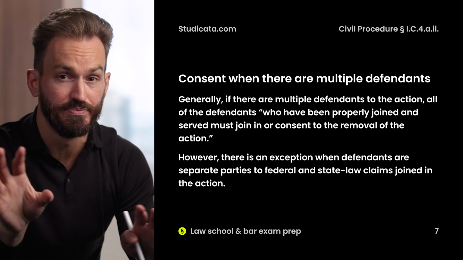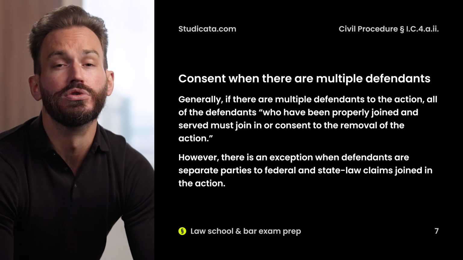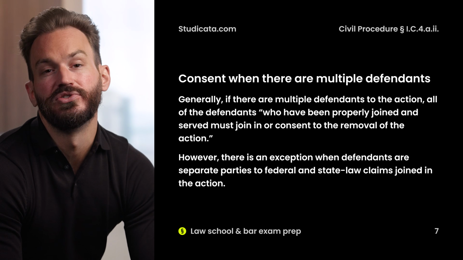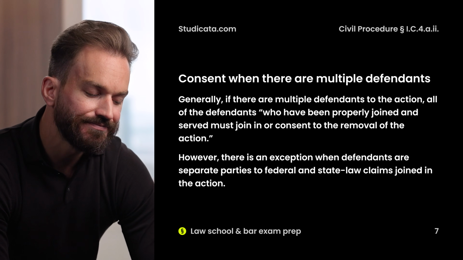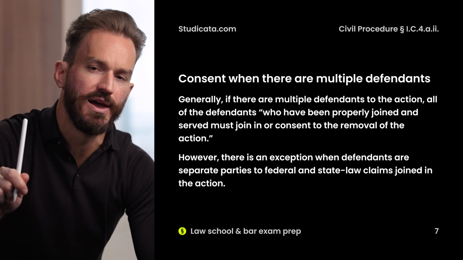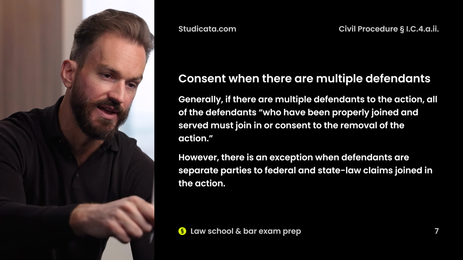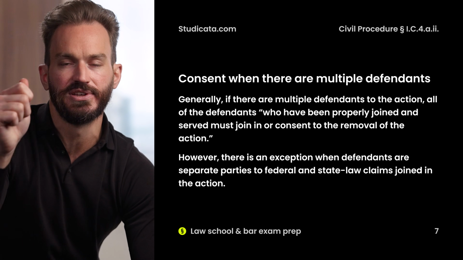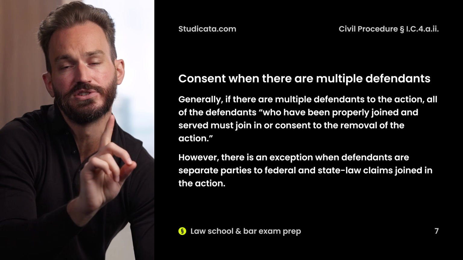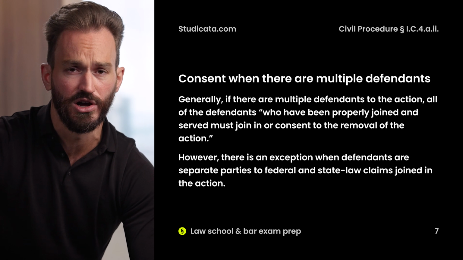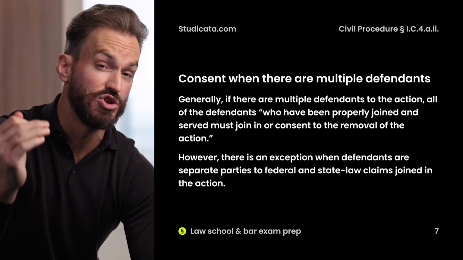Basically, you can have multiple claims joined under the Federal Rules of Civil Procedure in one lawsuit. And if you have a claim against a defendant and another defendant, and one of the claims is a state law claim, basically, against one defendant, you have a state law claim, and against the other defendant, you have that federal law claim.